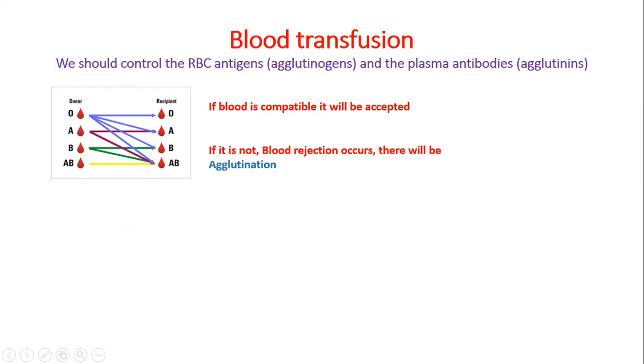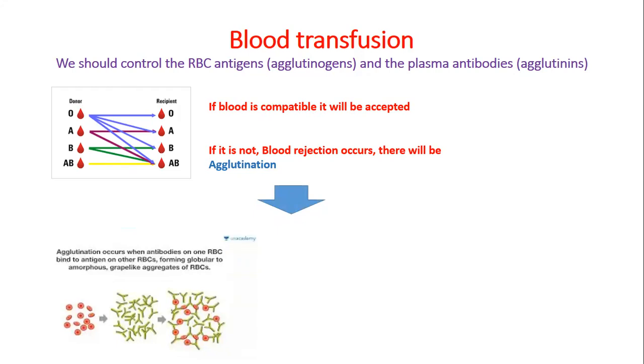There is agglutination. Look at the agglutination. Agglutination occurs when antibodies of one red blood cells bind to antigen on the other RBCs, forming globular amorphous grape-like aggregate of red blood cells.